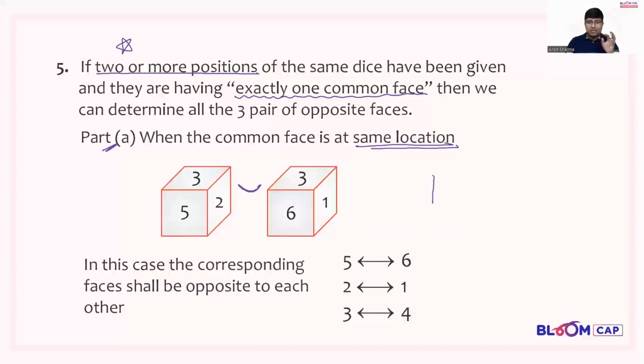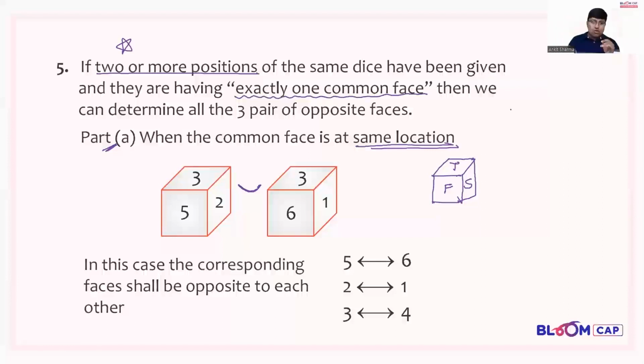Now you must understand, my dear students, that suppose this is the cube, and this is called the top, this is called the front, and this is called the side. So top, front, side. So now when two or more images of the same cube are given and they have exactly one common face, then we can determine all the three pairs of opposite faces.